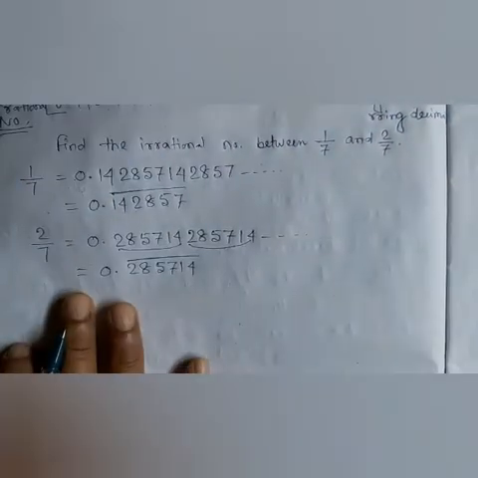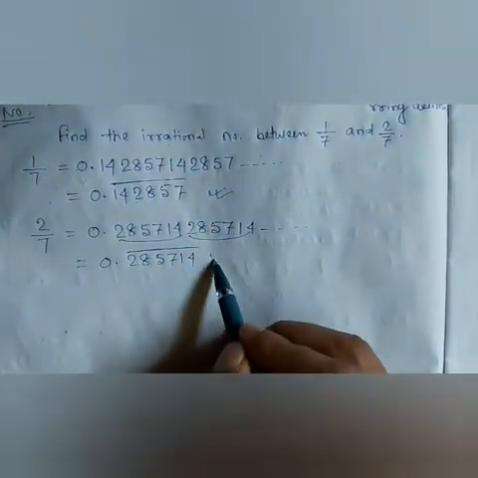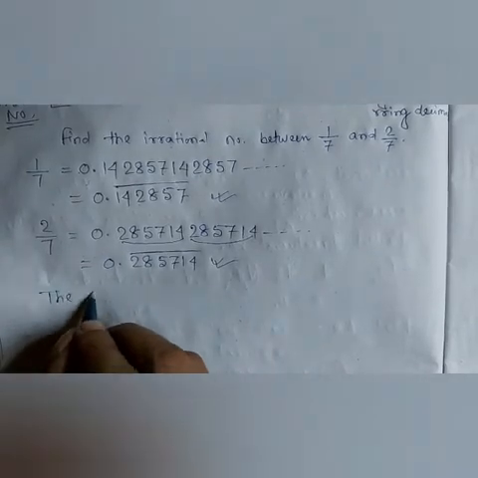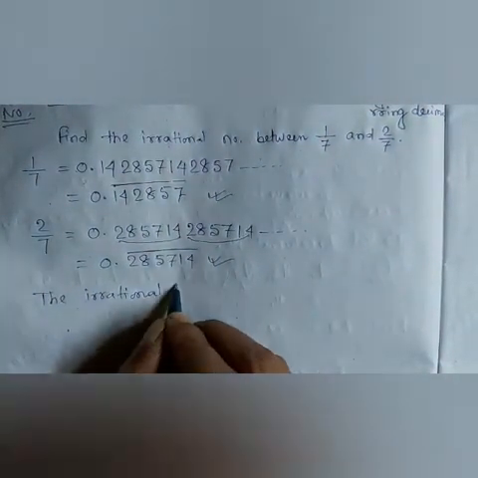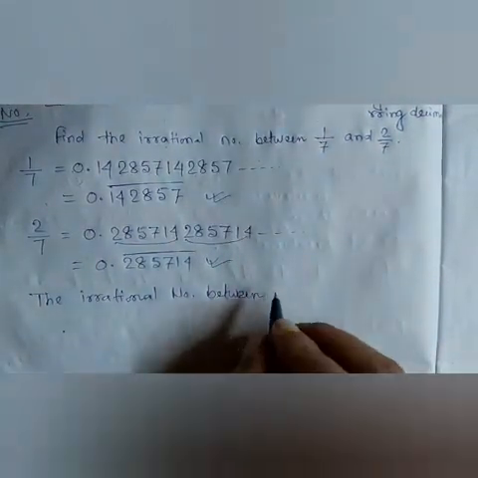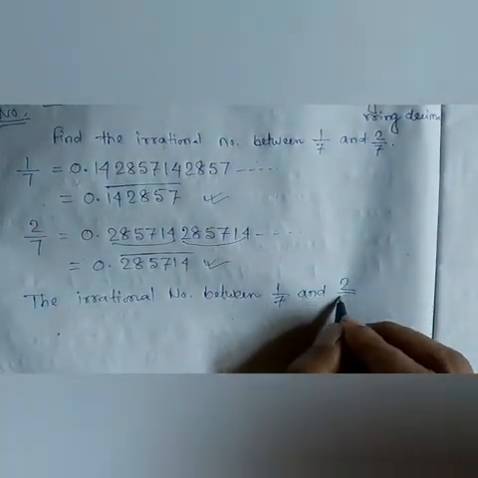So we have to find an irrational number between these two numbers, between 1/7 and 2/7.